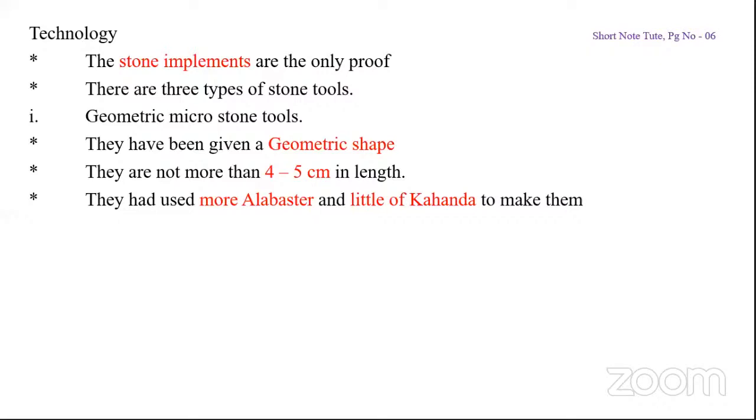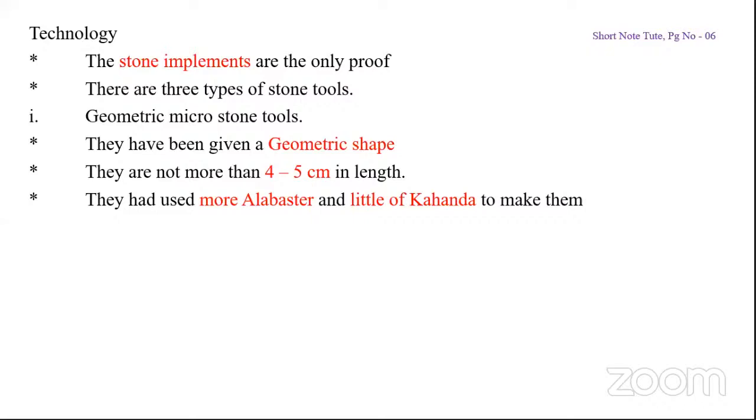When you make something very small, what did they use? Alabaster. Alabaster means a kind of white colored stone that is very strong, like what we call Tirivanagal in Sinhala. So they used alabaster and a little of Kantha stone to make these geometric micro tools.